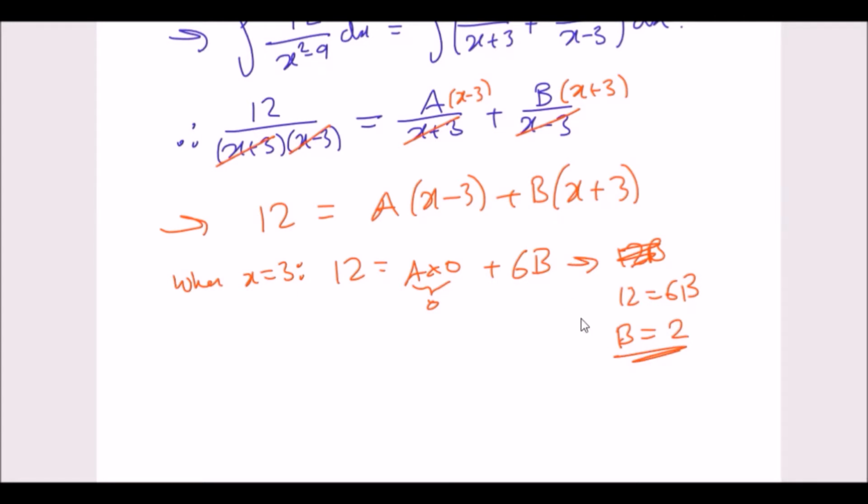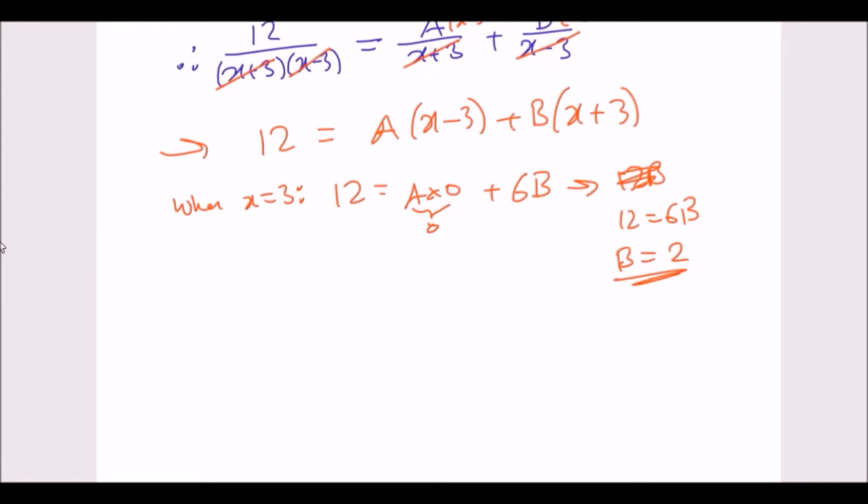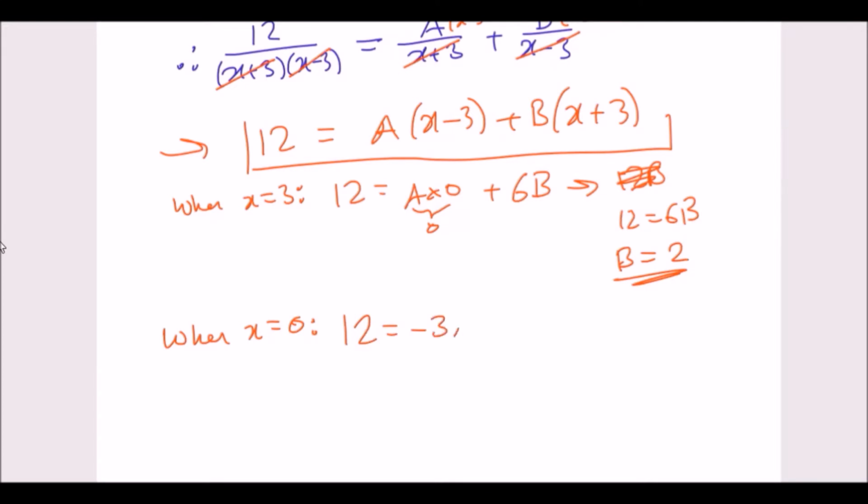Not bad. Now we do the same thing to find a. So let's just pick another random value. I'm going to say when x equals 0, because easy. So let's rewrite the whole equation. On the original equation, we still get 12, so it'll be 12 equals a times 0 minus 3, which is minus 3a, plus, and now since b is 2, we can plug b back in.